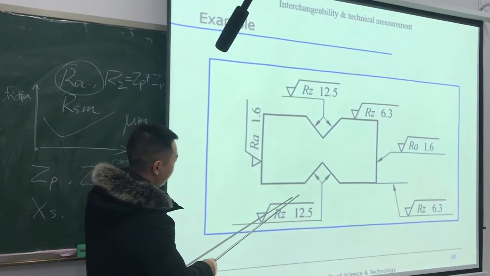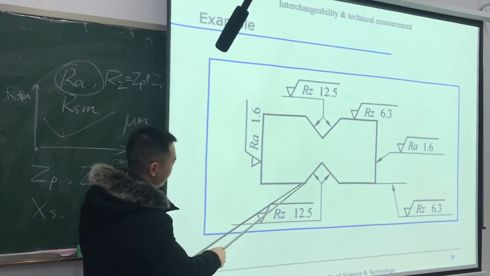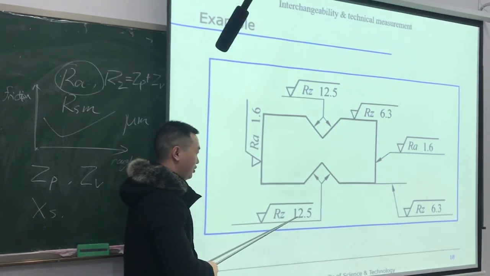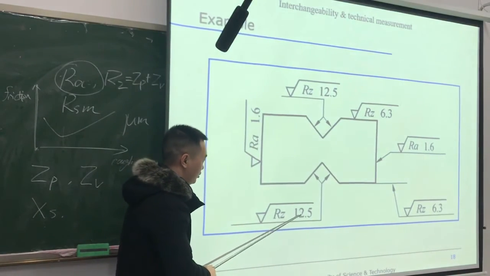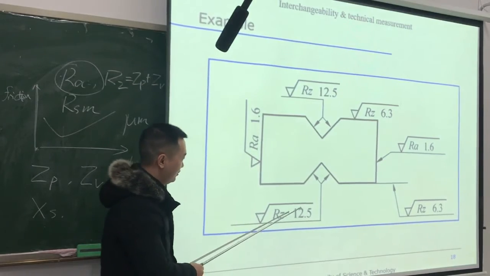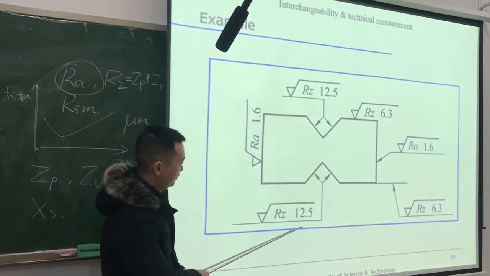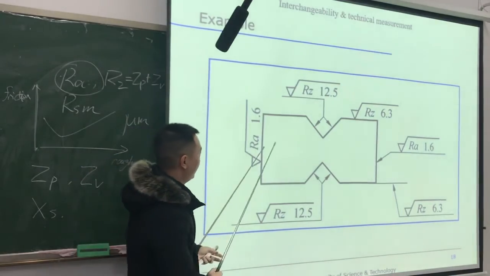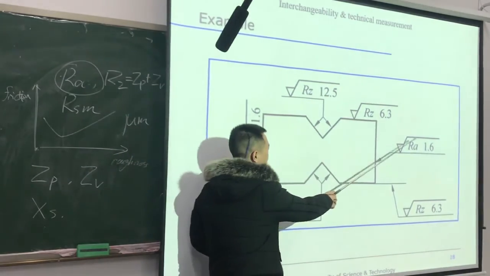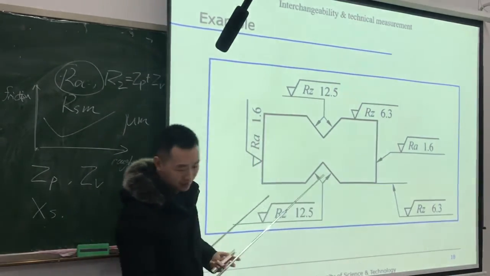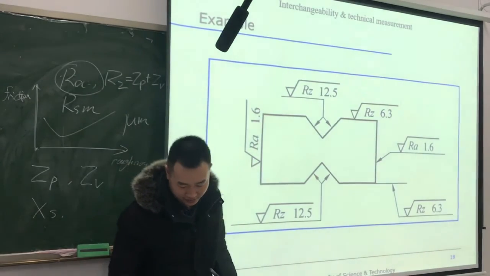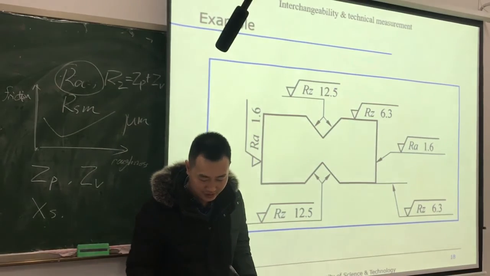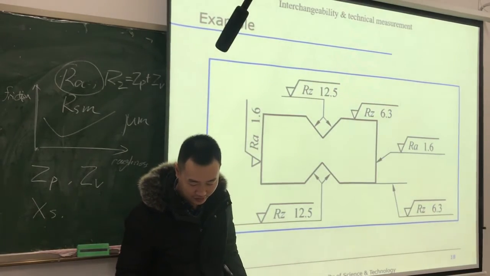We use Rz to measure the roughness of these two faces, and it should not exceed 12.5. And as we can see, it has different values here. So there are tables where we can select the specific values.